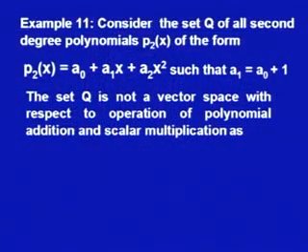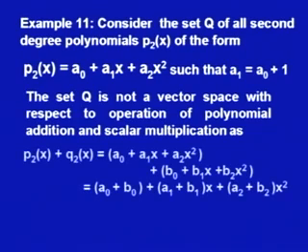Then this set Q is not a vector space with respect to the operations of polynomial addition and scalar multiplication defined as follows. p 2 x plus q 2 x, that is a naught plus a 1 x plus a 2 x square, this is p 2 x, plus b naught plus b 1 x plus b 2 x square, is q 2 x.